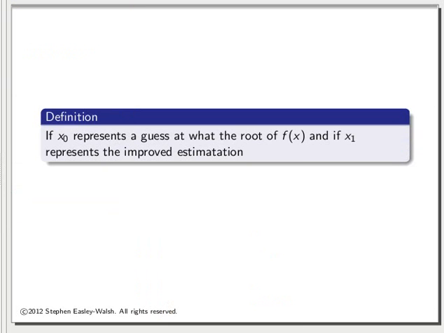If x0 represents a guess at what the root of f(x) is, and if x1 represents the improved estimation, then I can have this formula here. x1 equals x0 minus f x0 over f derivative x0, like this.